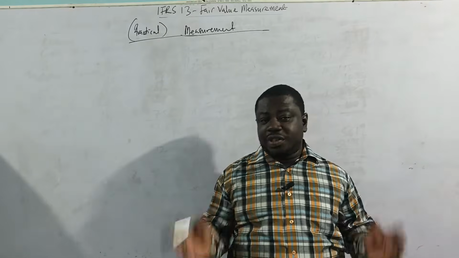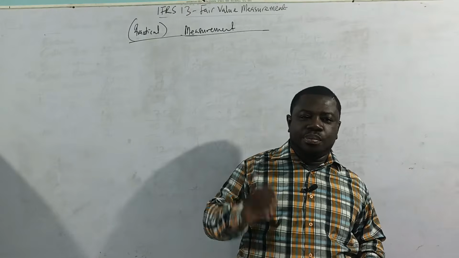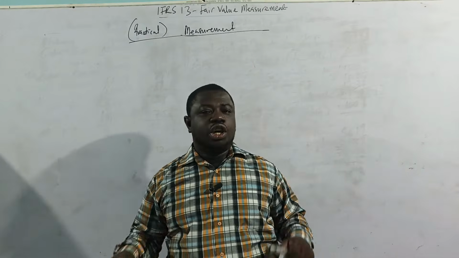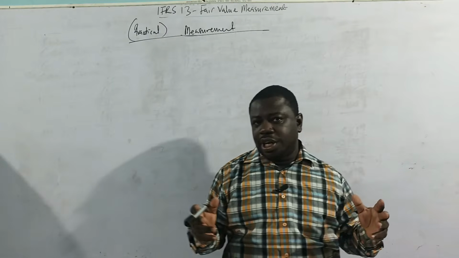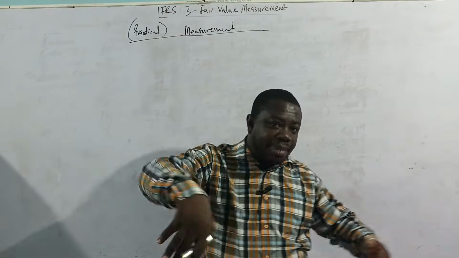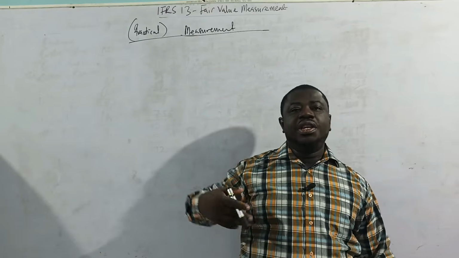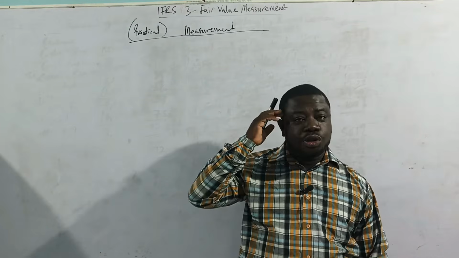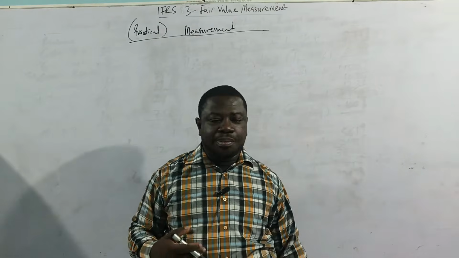Now, from what we have studied so far, I'm sure you understand that fair value measurement is more of a market-based measurement, not necessarily an entity's own intuition or guesswork to put the value of an asset. It's market centered. Even if it's not the market approach you are using, the cost approach has an element of market because you still need a pricing.